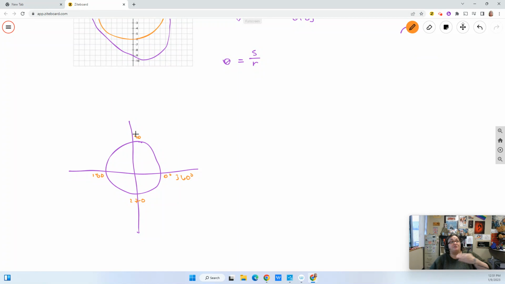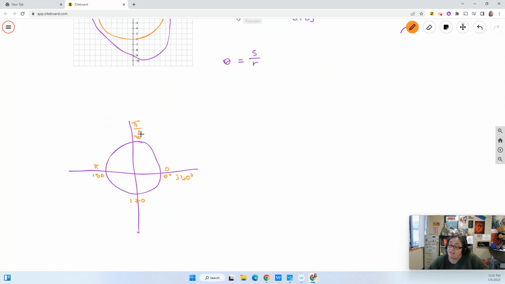If we think about that in terms of radians, here we have 0, and here we have pi, right? So here we have halfway between 0 and pi, which is pi over 2, right? Here I have pi.